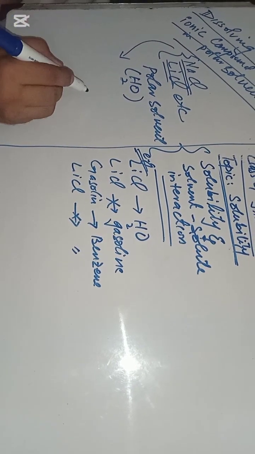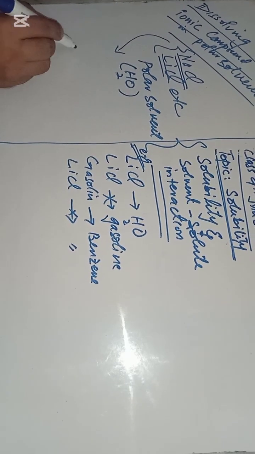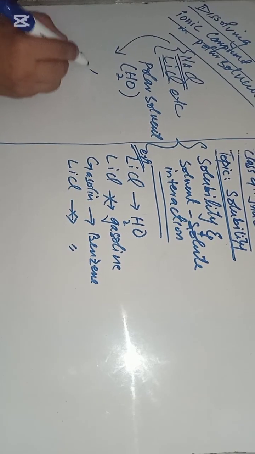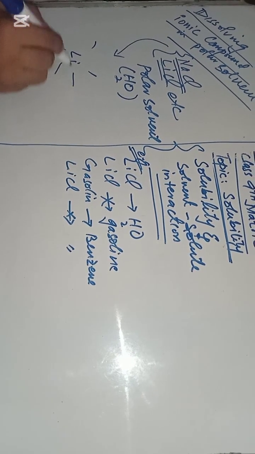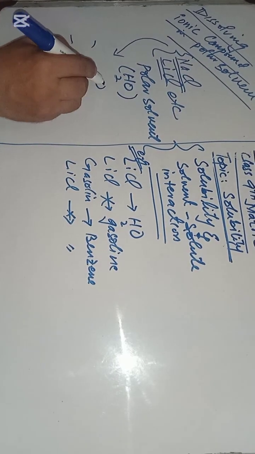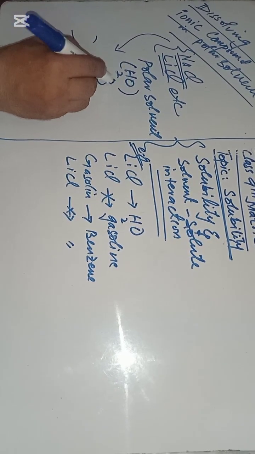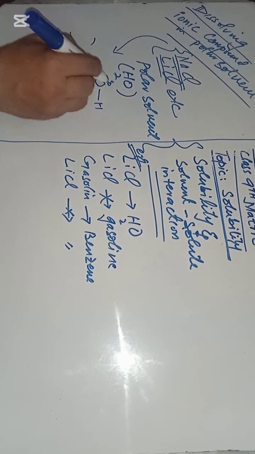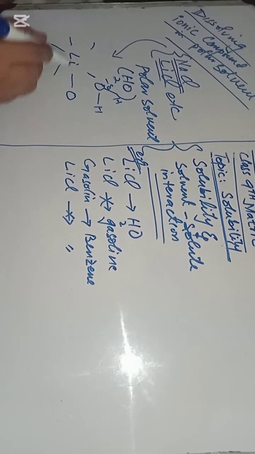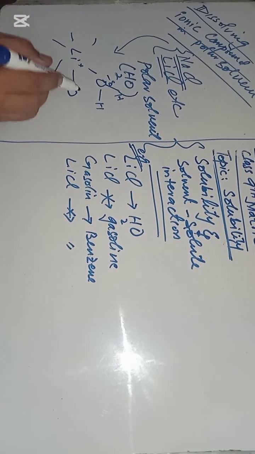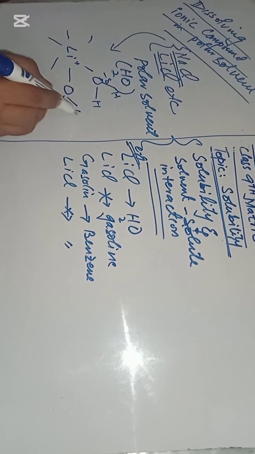So each positive ion, like lithium, is surrounded by and attracted more towards the oxygen part, which is the negative one, and hydrogen is the positive one. Similarly, oxygen is attracted towards the positive lithium of another molecule.